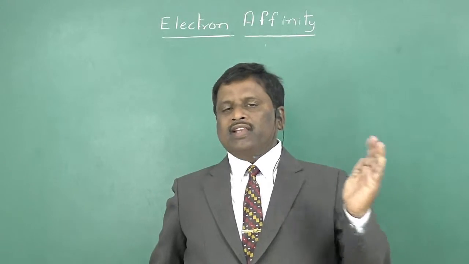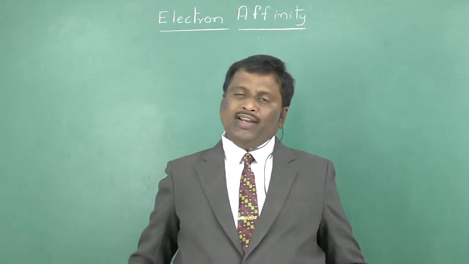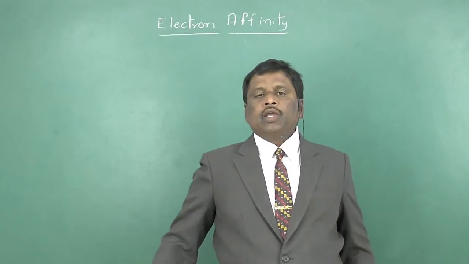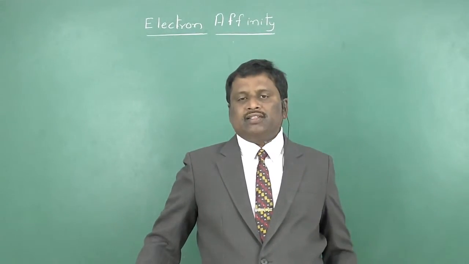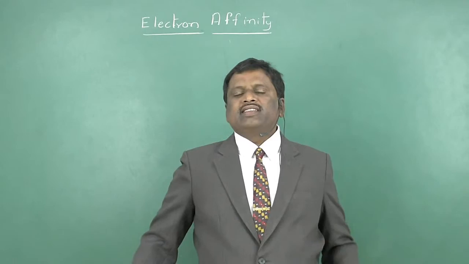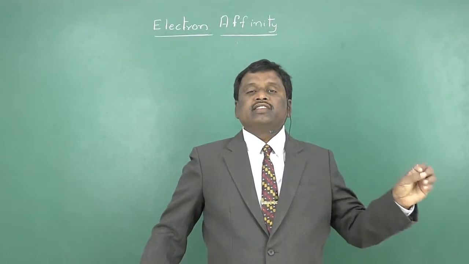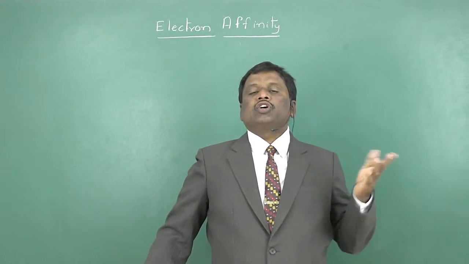That means valence electrons are closer to the nucleus. That is why in a period, as we move from left to right, as atomic number is increasing, electron affinity values are increasing because of increase of effective nuclear charge.